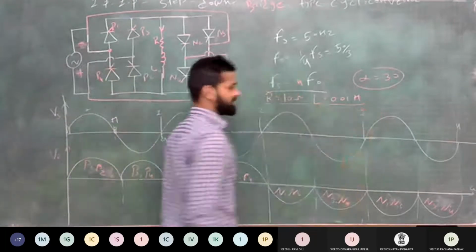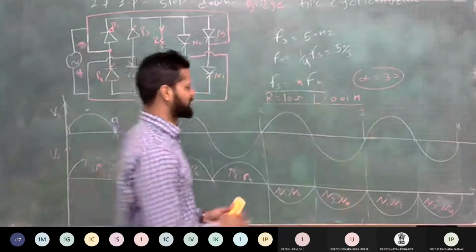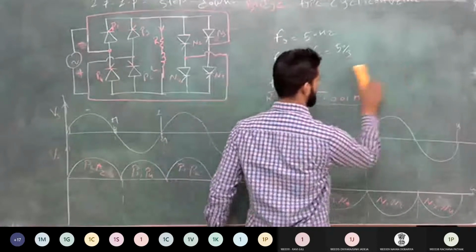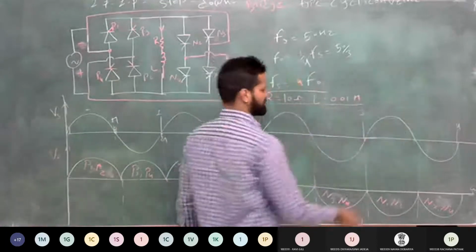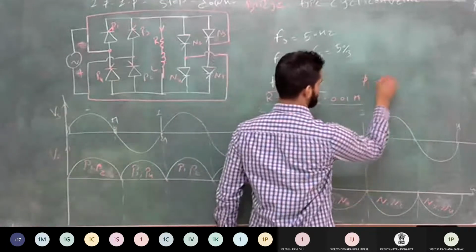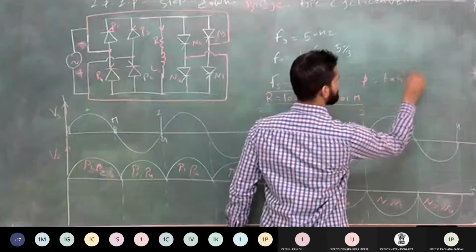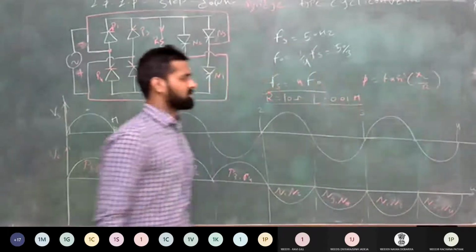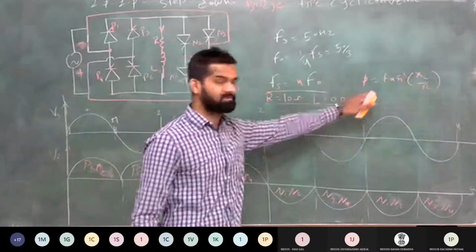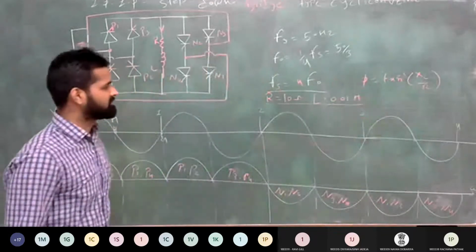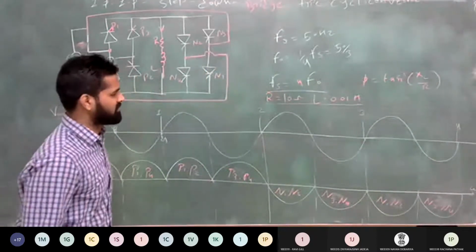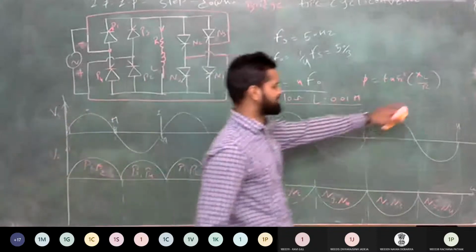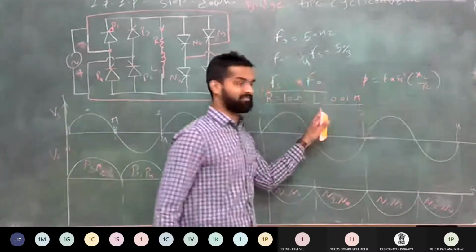So when you take the RL load, first of all you calculate the power factor angle phi. So what is the phi equation? Tan inverse XL divided by R. So what is the value of phi? All of you calculate and give me the answer. Tan inverse XL divided by R. XL is 2 pi FL.